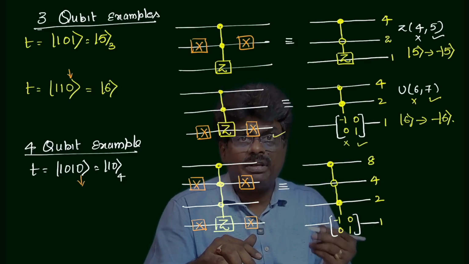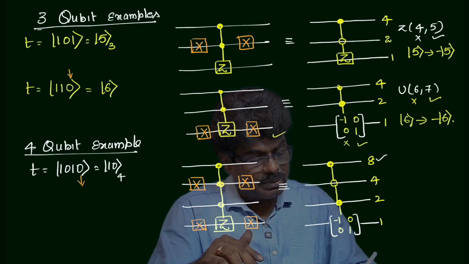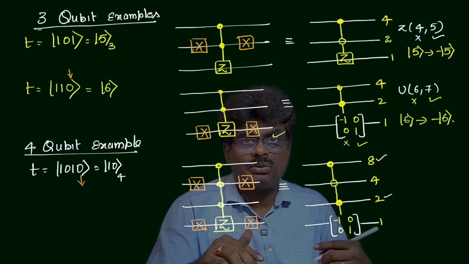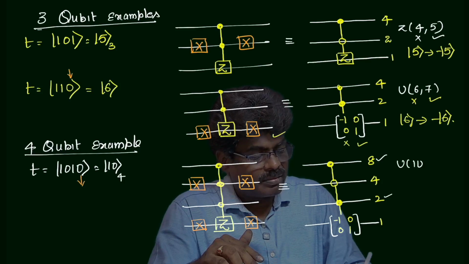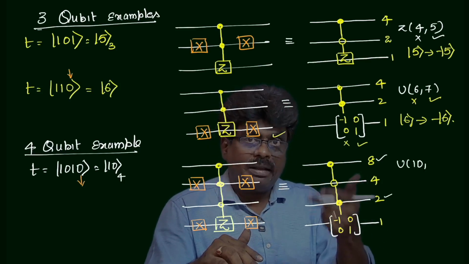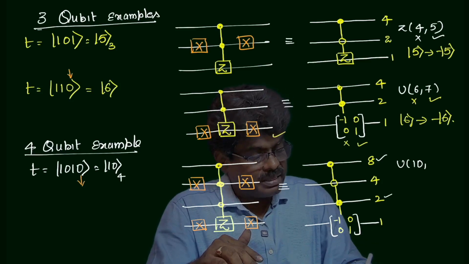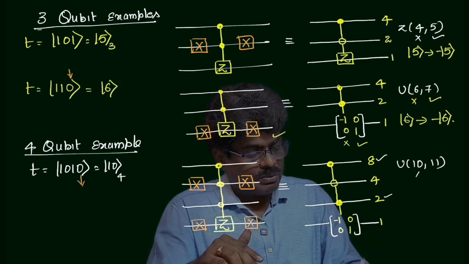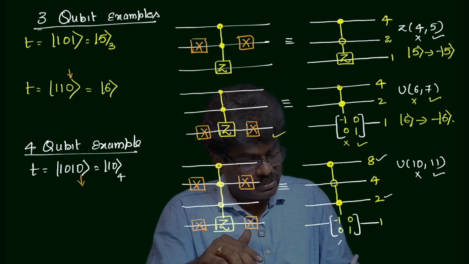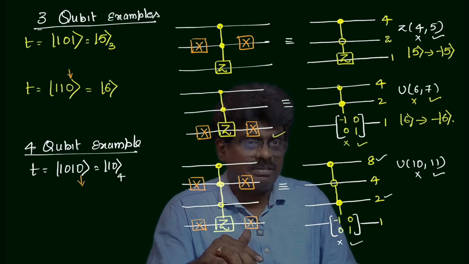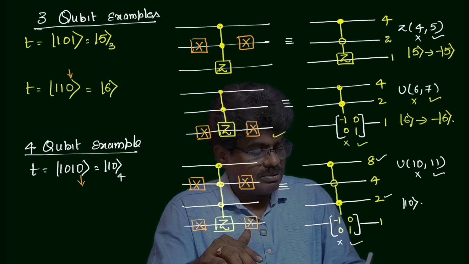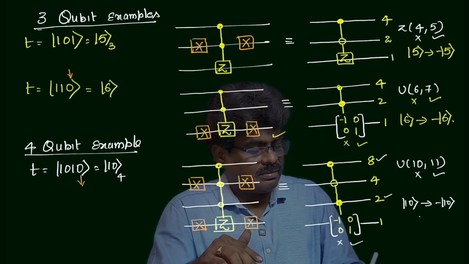Now we have to add only controls, that is 8 is control and 2 is control. 8 plus 2, 10, comma 10 plus target, target is 1, that is 11. So this is off, this is on, first column off, second column on. So that's it. So 10 becomes minus 10.